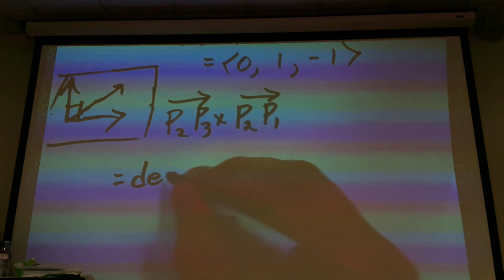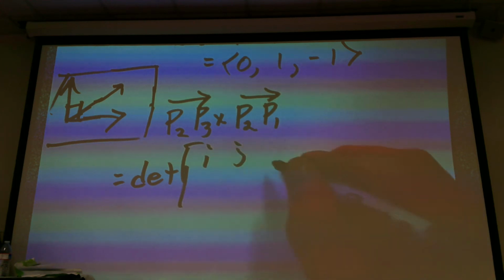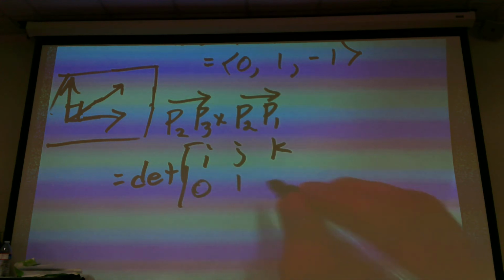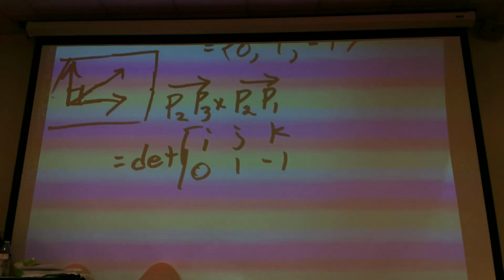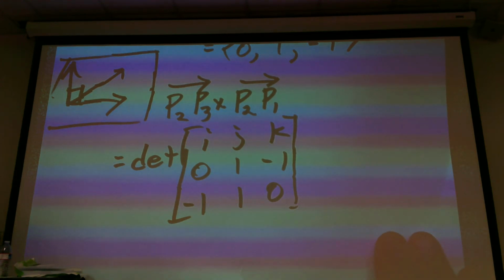This is going to equal the determinant of the matrix with I, J, and K, and I'm going with this one first, 0, 1, -1, and then -1, 1, and 0.